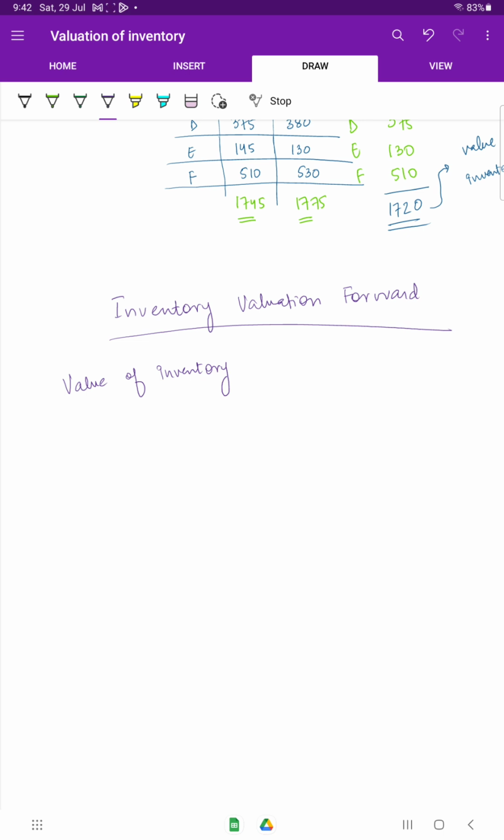So in terms of calculating it forward, I'll start doing my calculation in the last week, let's say on 25th.